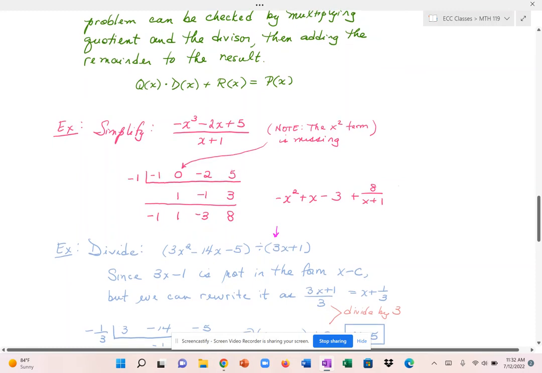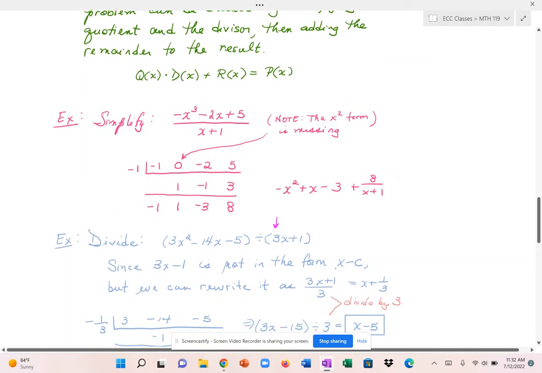So since 3x plus 1 is not in the format of x minus c, we can rewrite it by dividing by 3, which will give me x plus a third, which is now in that form. My leading coefficient is 1.